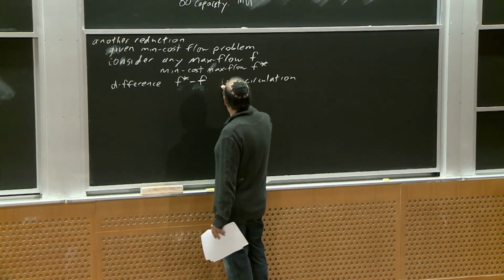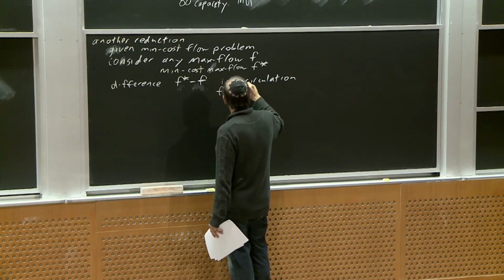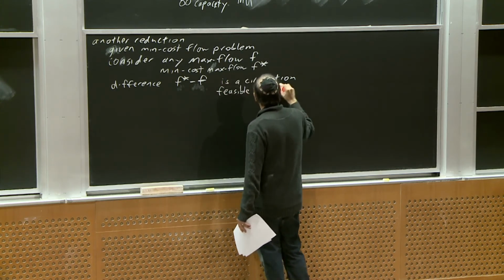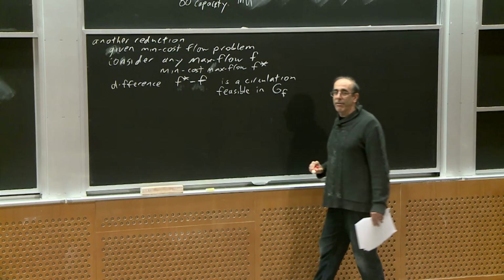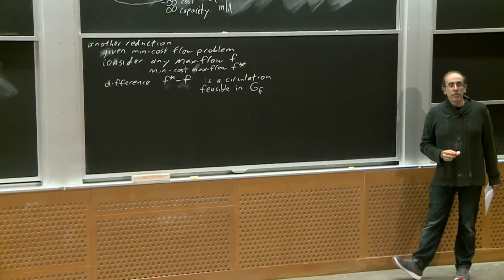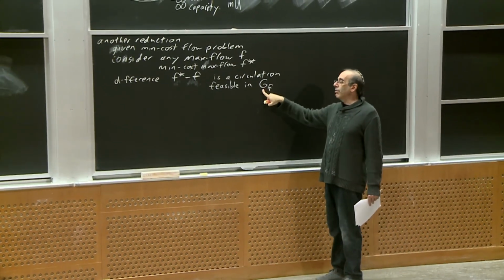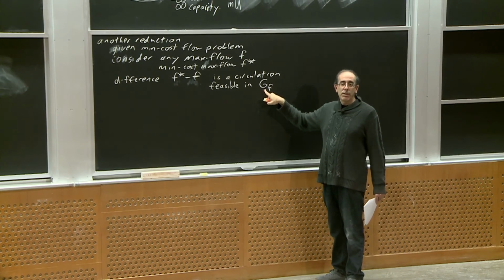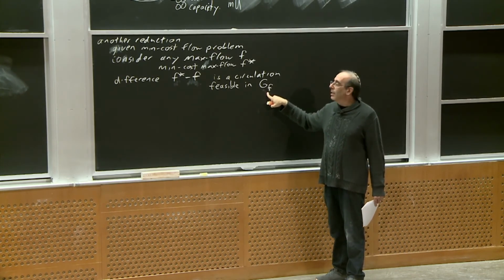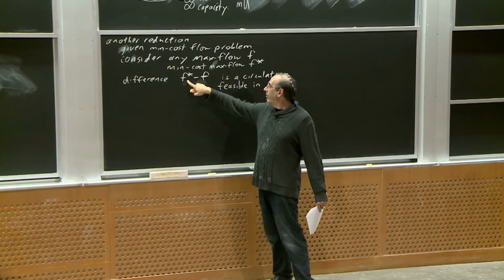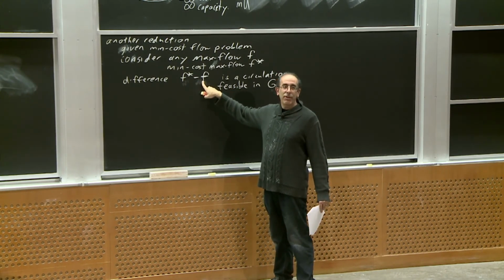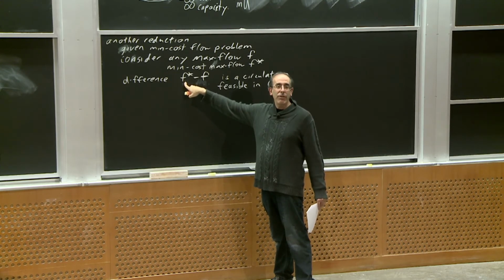Another thing to observe is that this circulation is feasible in the residual graph that you get from F. Because the residual graph that you get from F subtracts F sub E capacity from every edge E, and that matches the subtraction of F sub E flow that you're taking away from F star.